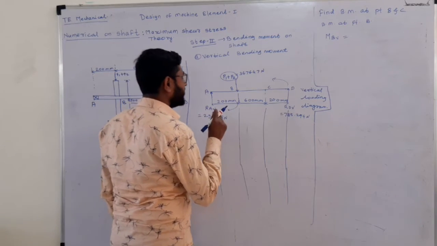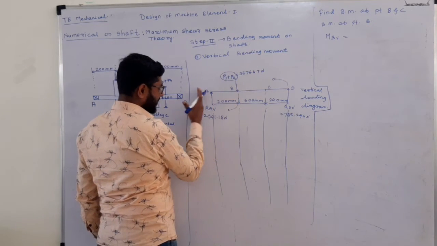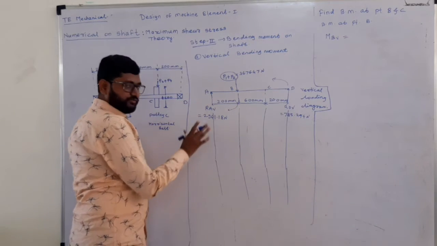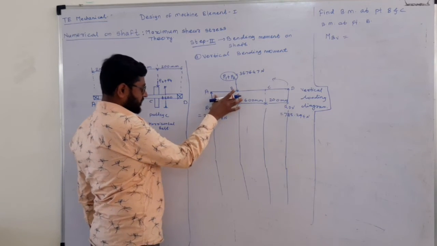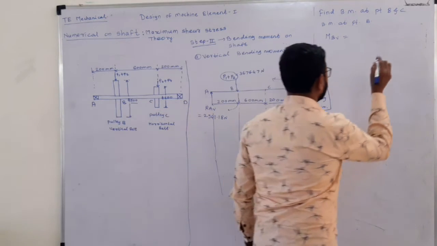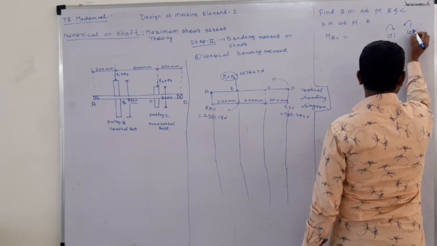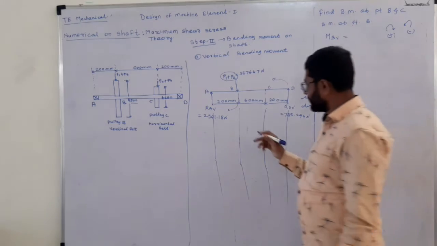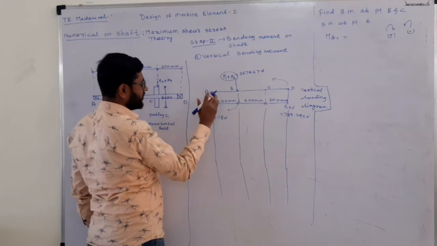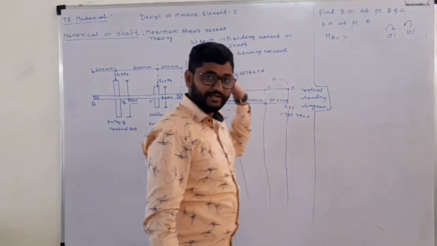To find the bending moment at point B, we have to consider either left side forces or right side forces. If you consider the left side forces of B, then the sign conventions are clockwise positive, anti-clockwise negative.